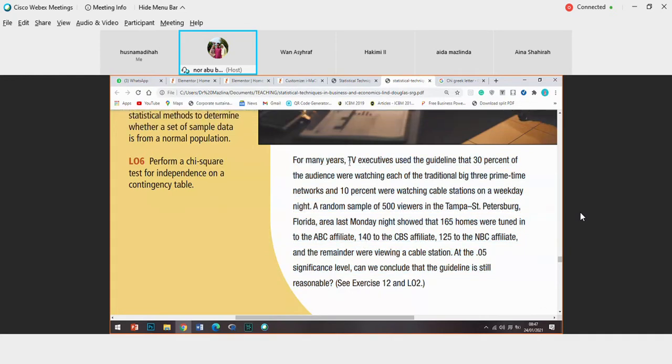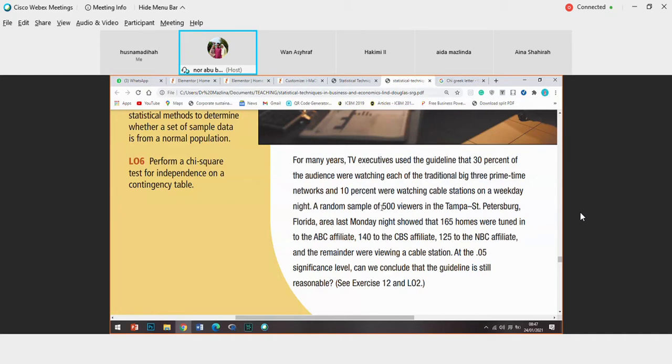Okay, for many years, TV Azad used guideline that 30% of audience were watching each of the traditional big three primetime networks. So they say that about 30% of audience were watching that, and then another 10% were watching cable stations on weekday night.